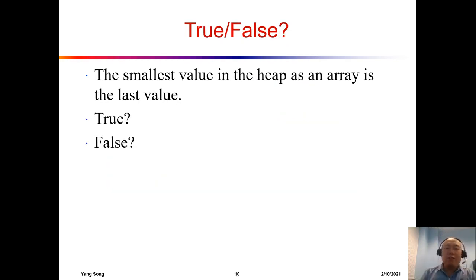The smallest value in the heap as an array is the last value. Is that true or false? So we know the largest value is the root, and this means that the largest value is the first value in the array. But how about the smallest value?